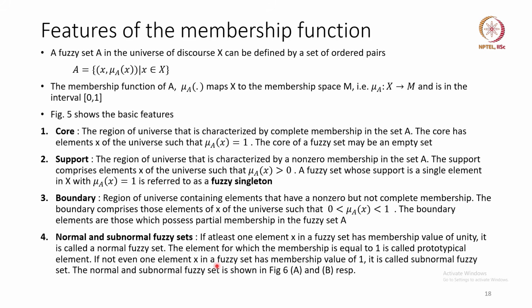The next thing that we study is what is called the membership function. If we consider the universe of discourse X, you will have a number of elements in that universe of discourse, say x1, x2, x3, x4, etc. Each of these values will have a membership value.